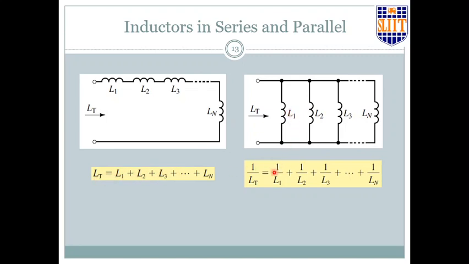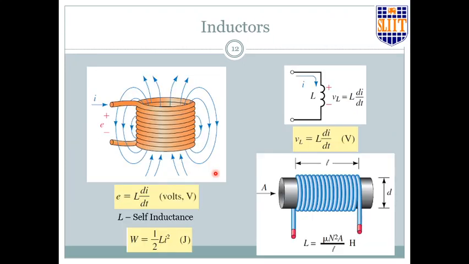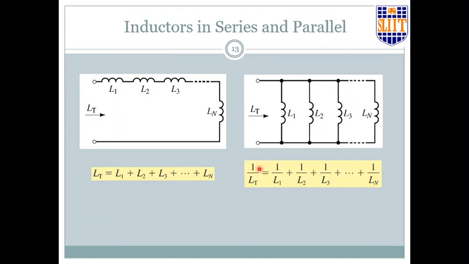For parallel, 1 over the total inductance is the sum of the reciprocals, so 1 over L1 plus 1 over L2 and so on and so forth. So this is the same as that of the resistors. So L, the inductance, is what we talk about in here.